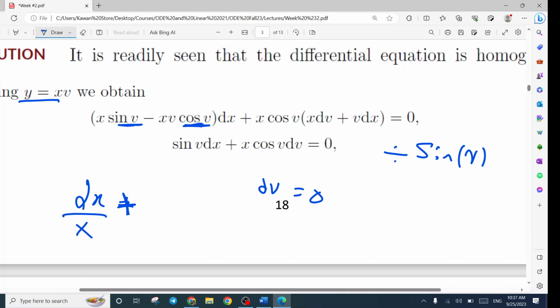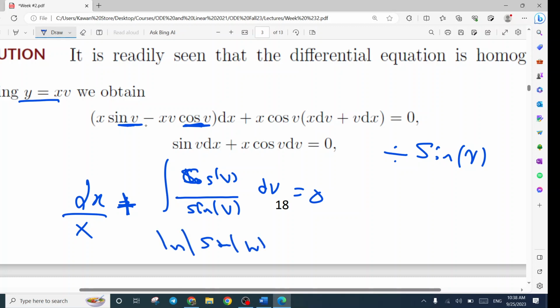Sorry, not sine, I mean cosine: cotangent is cosine of v over sine of v. So the integral is cotangent. The derivative of sine is what? Cosine. So we get ln of sine v. You got it?